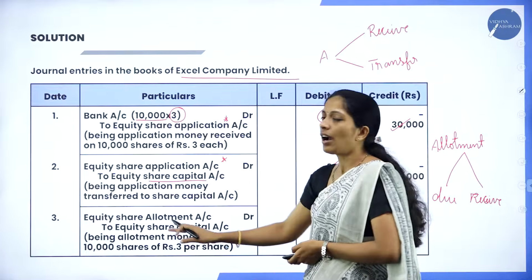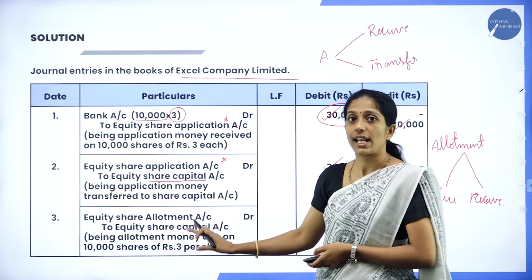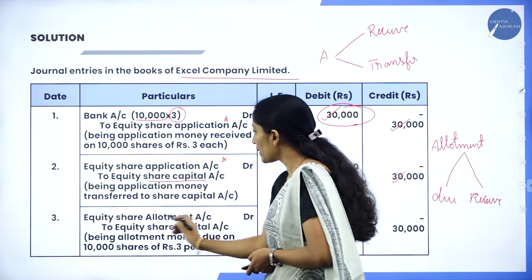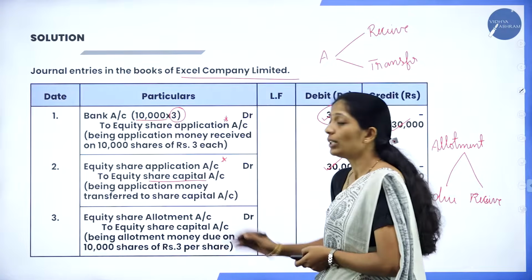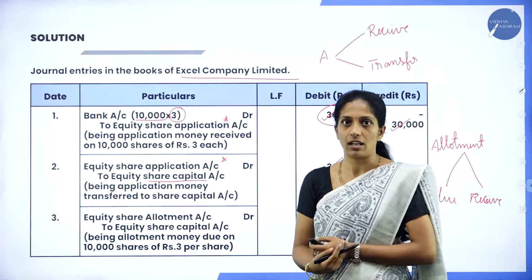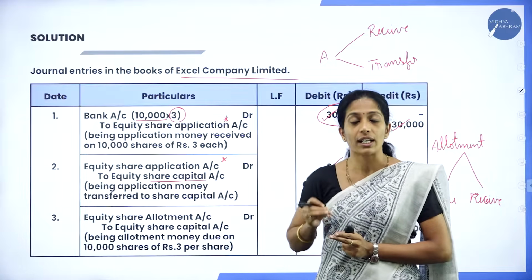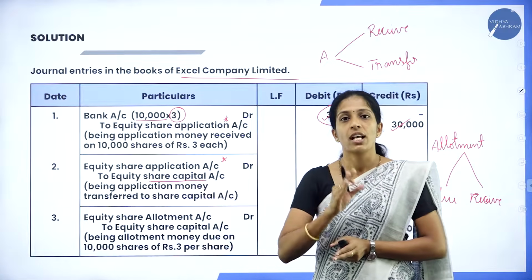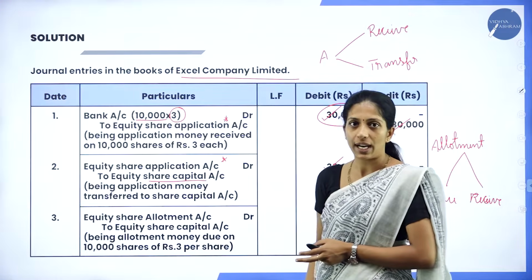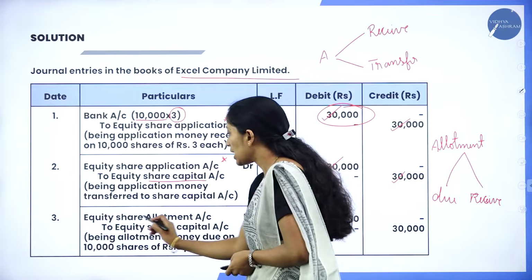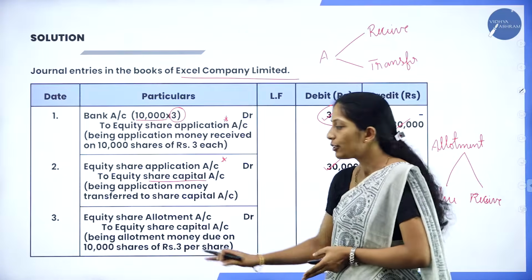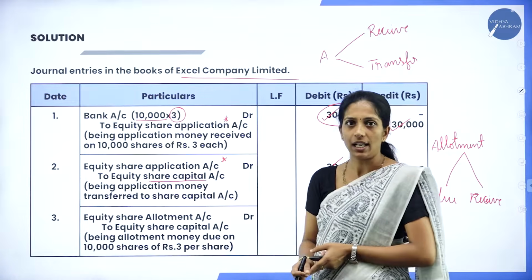So, your third entry, that is under allotment stage, will be equity share allotment account debit to equity share capital account. First, you will record the due entry, whatever the amount that has to come in the allotment stage, that you will record as a due entry. So, what is the entry? Equity share allotment account debit to equity share capital account.